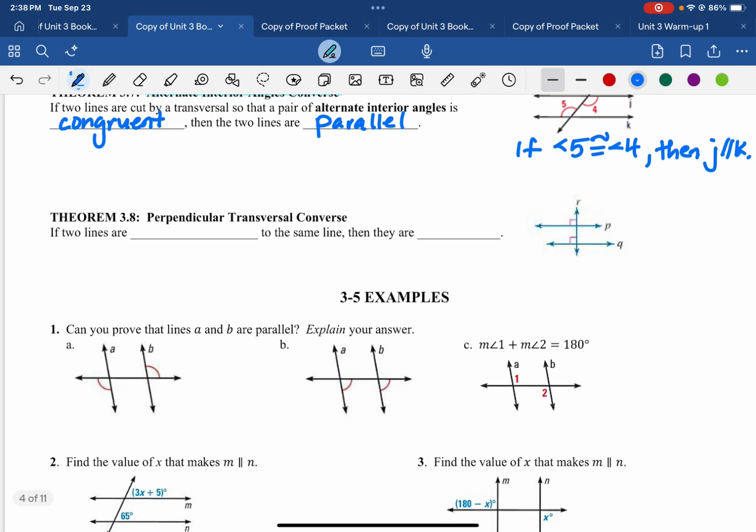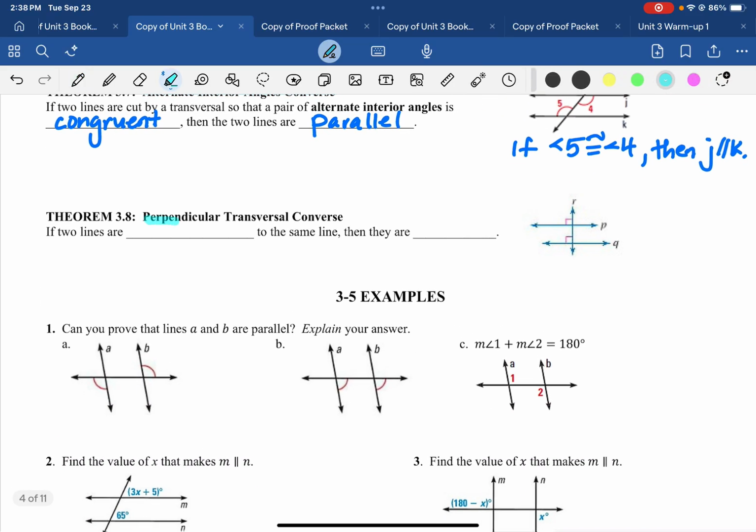All right, one more converse, the perpendicular transversal converse. Remember, the perpendicular transversal theorem says if you have parallel lines, and the transversal is perpendicular to one of the lines, then it's also perpendicular to the other one.